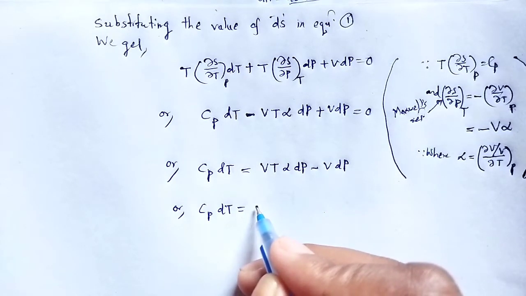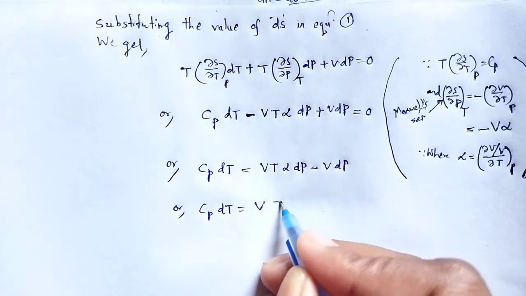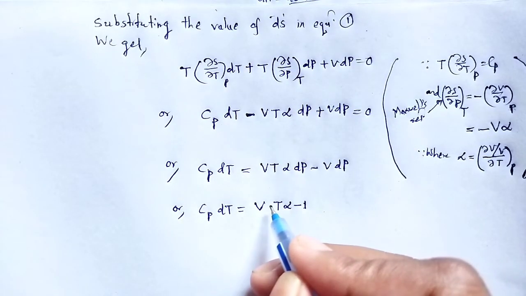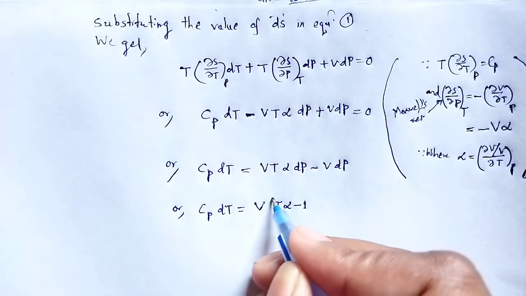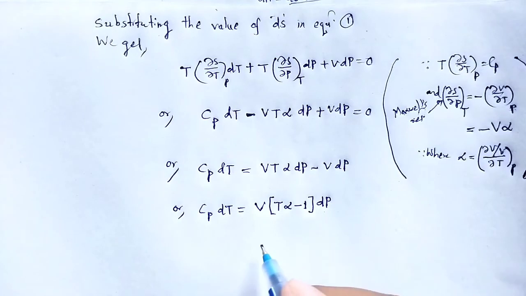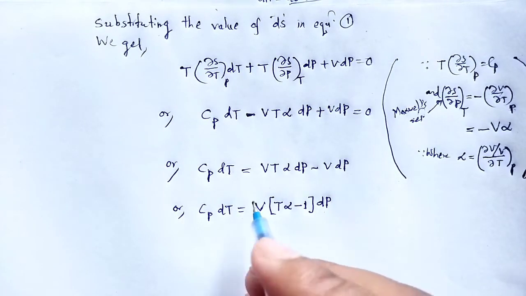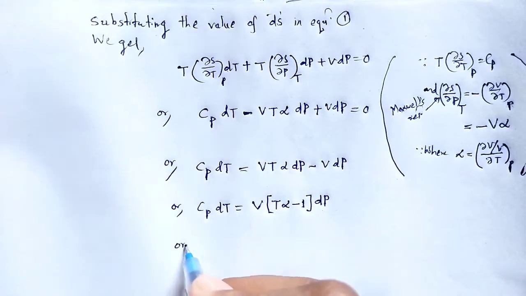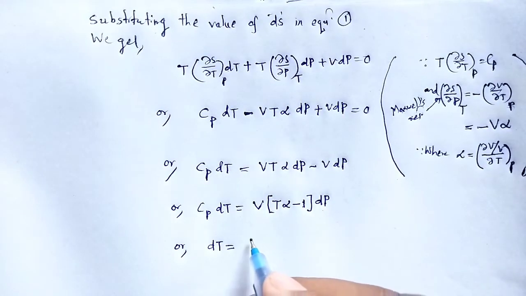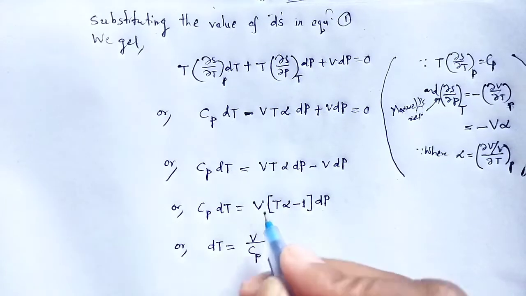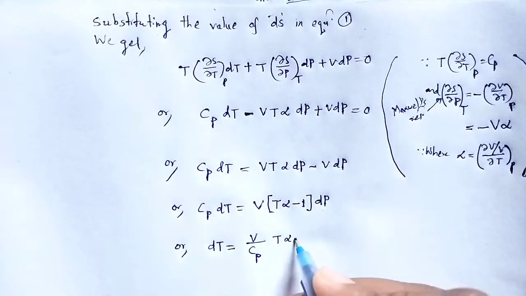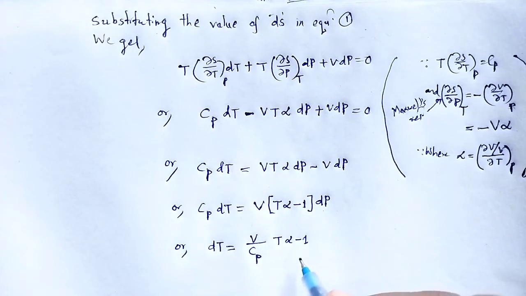So, V, that is (T alpha minus 1) dP, or dT is equal to V by Cp, Cp is divided here, and (T alpha minus 1).